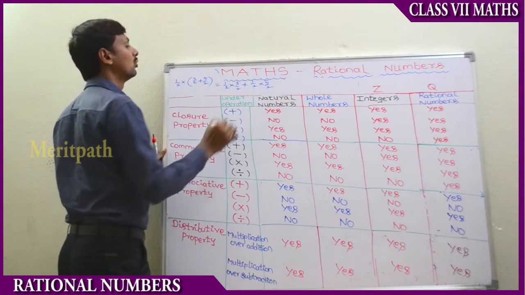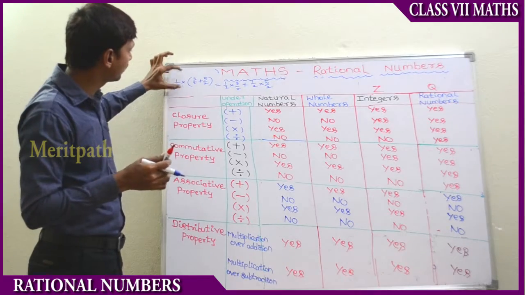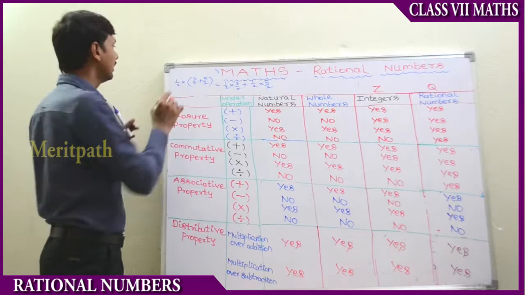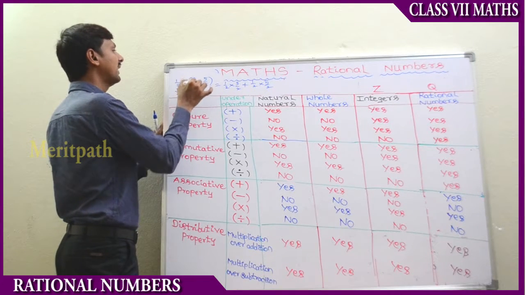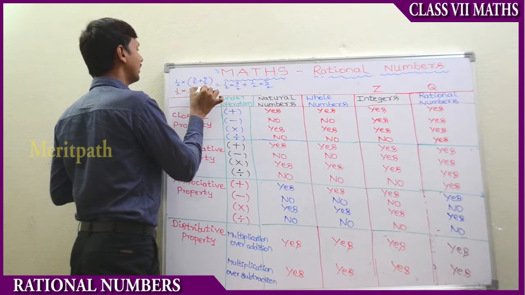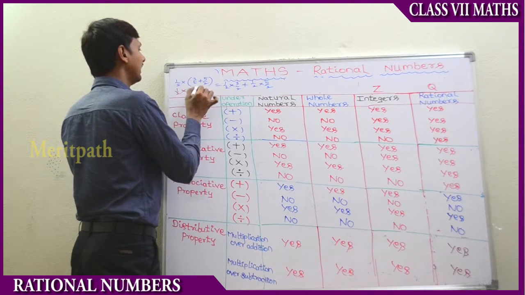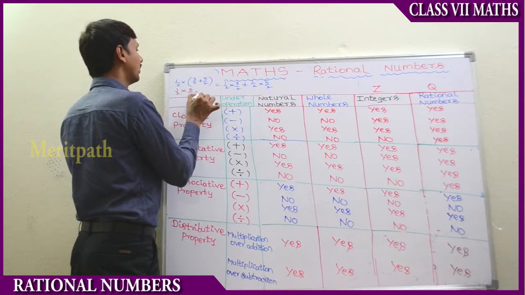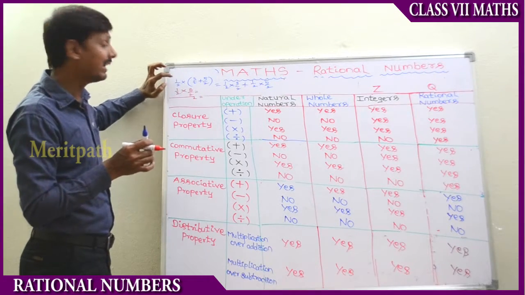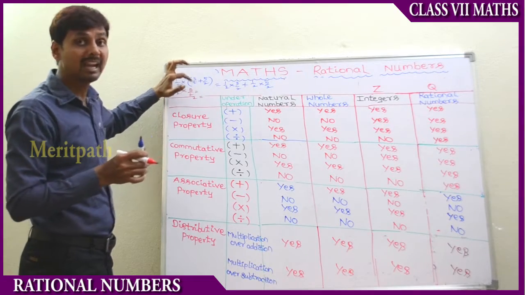We have distributed this 1 by 2 over these two values. Let's see whether these are equal or not. Simplifying the left side, we get 8 by 2 times 1 by 2, which is 8 by 4, and that is 2.